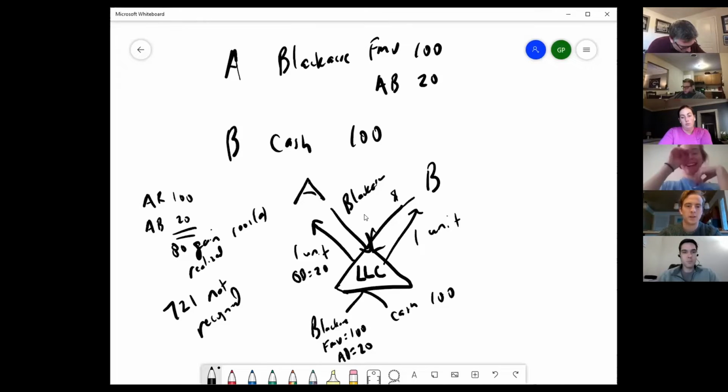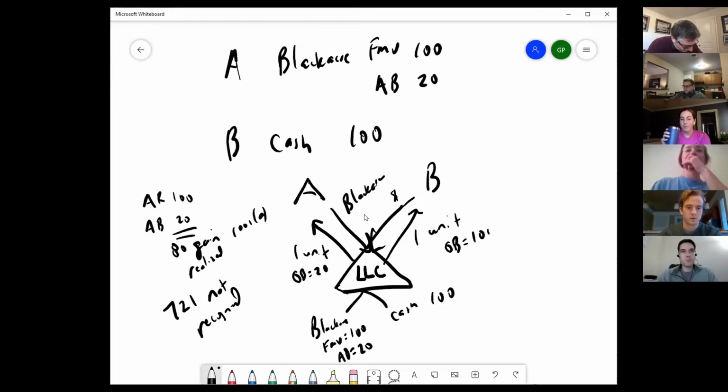So 80 of built-in gain is not recognized, and it's preserved in A's low outside basis and the LLC's low basis in Blackacre. B, of course, has no gain realized at all, right? Because there's no gain inherent in cash. And so B's outside basis is going to be 100.